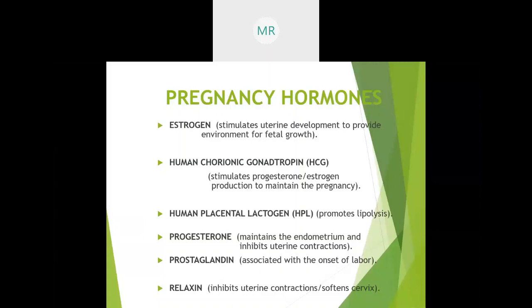And then relaxin. You'll hear about relaxin again when we talk about the Antepartum, which is a labor and delivery lecture. Relaxin inhibits uterine contractions and it softens the cervix. Okay. It's found in maternal serum from the time of the first missed period, and it's made by the corpus luteum.